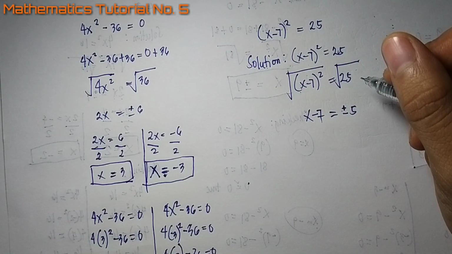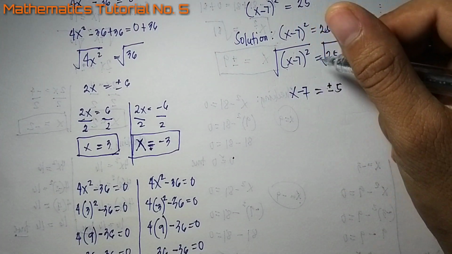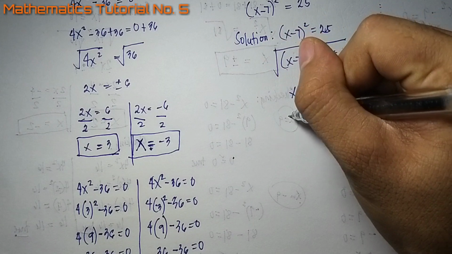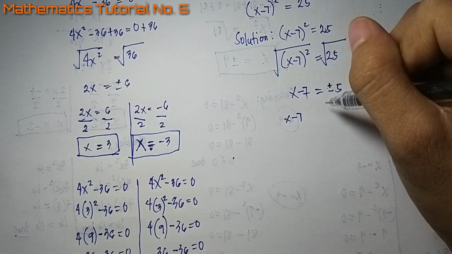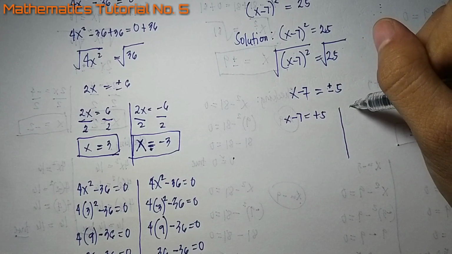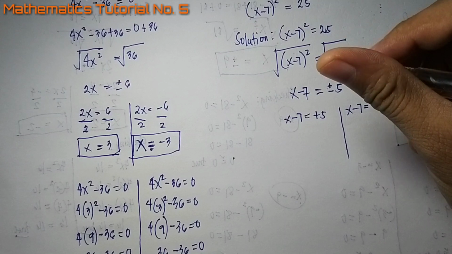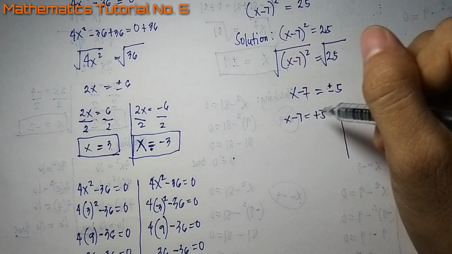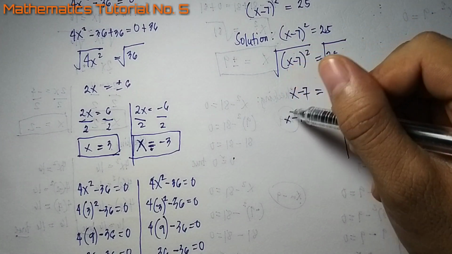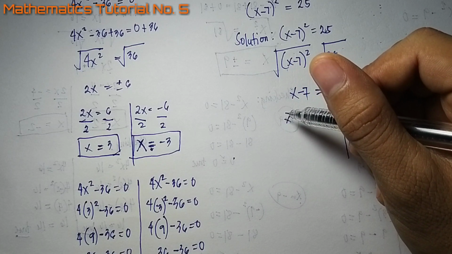So, parehas atong gibuhat gaina, atong i-solve na ang value sa x. So, we have x minus 7. Ang unahon nato ang positive, equals positive 5. Unya ang isa, x minus 7 equals negative 5. Karon kay walay tapad ang x, walay tapad nga constant nga atong makita.